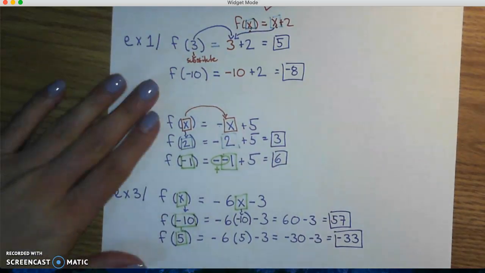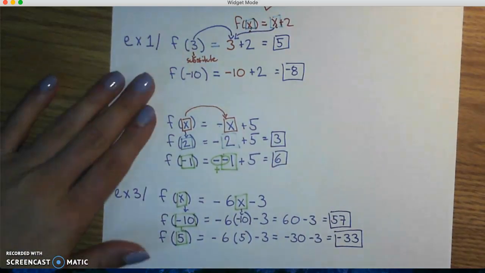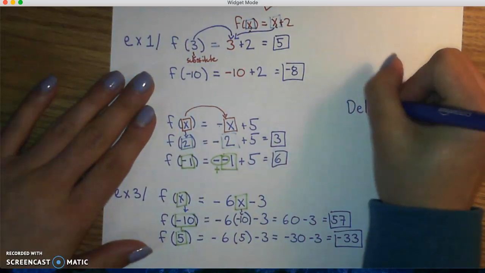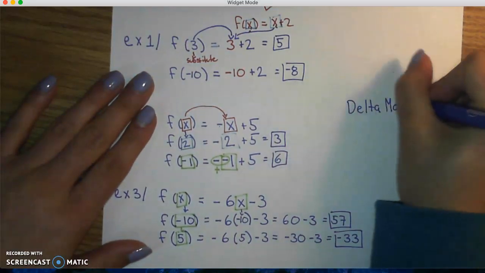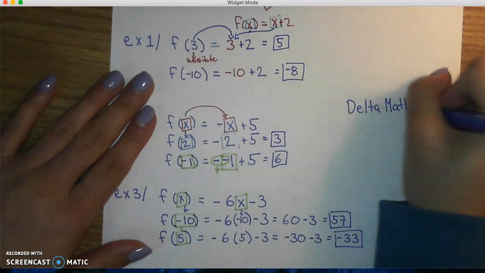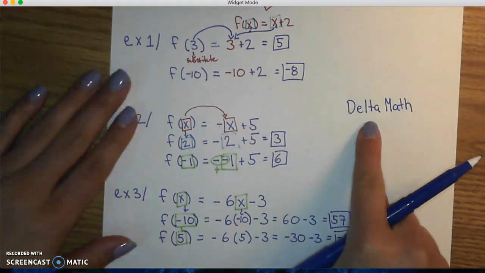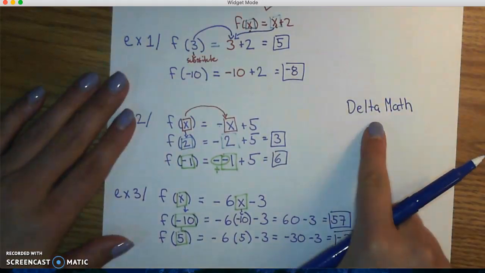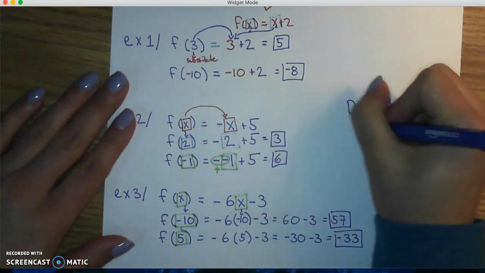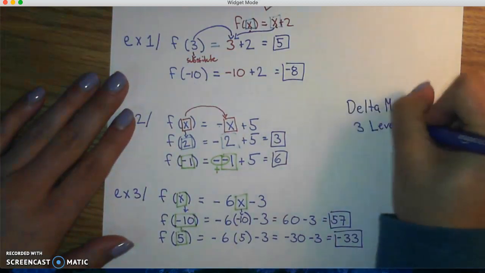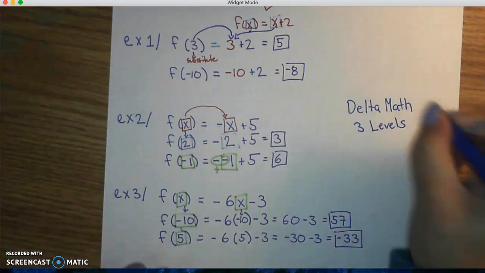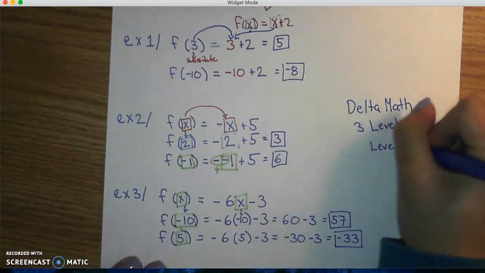That's what I have for you. The practice problems for this are on Delta Math. If you have not made an account, the directions are in Google Classroom. But Delta Math, and there are 3 levels. I would like everyone to try level 1.